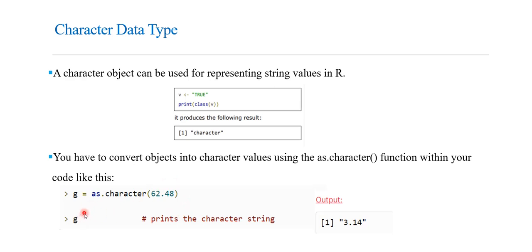The output of G will be within double quotes, or within single quotes, you will get the answer as 62.48. The meaning is that this numeric value has been converted to the character data type. So this will be your output.